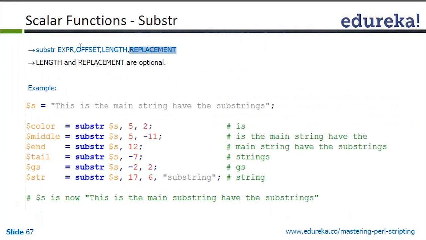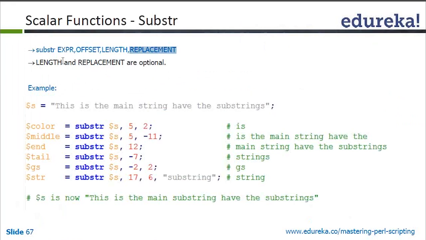But we do not have to pass everything. If you see here, we are not passing everything. Length and replacement are optional. So we might have only two arguments, that is expression and offset, and length and replacement are not essential.